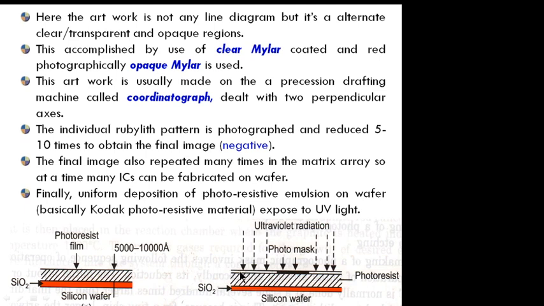The mask is made up of, as you look here, dark and transparent, dark and transparent regions, and this entire sandwich you are going to expose under UV radiation. Wherever there is dark material, the photoresistive material beneath it is not going to be solidified because the UV light is not reaching there. But wherever there is a clear or transparent mask, the UV light will transmit through the glass or mask, and therefore this region is going to be solidified.